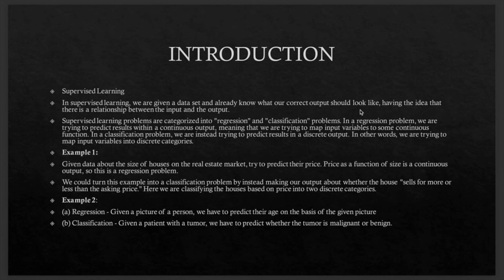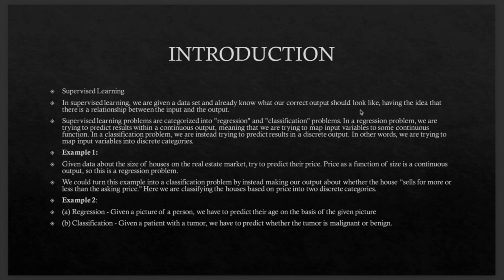We could turn this example into a classification problem by instead making our output whether the house sells for more or less than the asking price. So here we are classifying the house based on price into two discrete categories: it sells for more than the asking price or for less. Say I am the seller and you are the buyer.